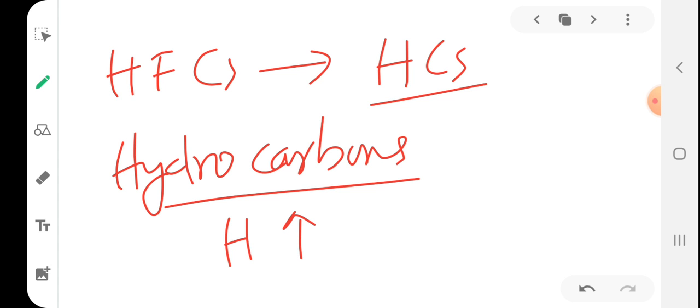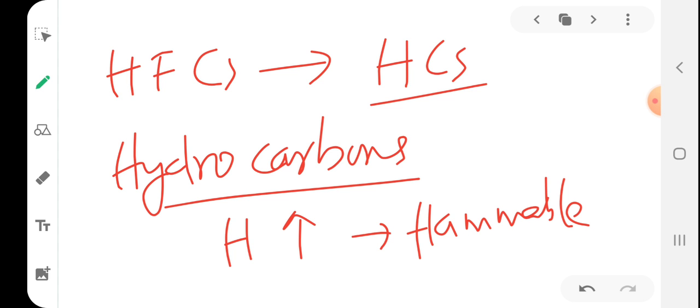Presence of hydrogen means flammability; the compound will be highly flammable. So there are a lot of things we have to take care of. Presence of hydrogen will increase the flammability. Presence of chlorine will increase the ozone depletion potential. Presence of fluorine, chlorine, and hydrogen together with carbon increases the global warming potential. So all these things are there.